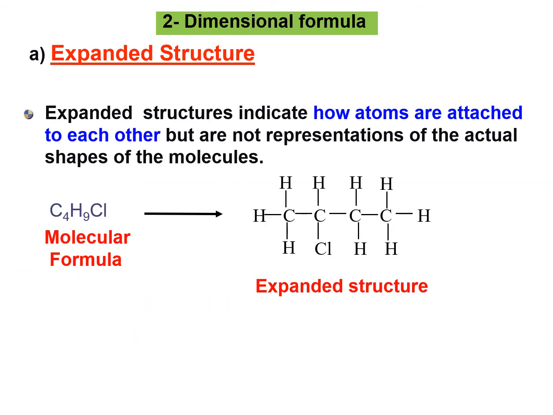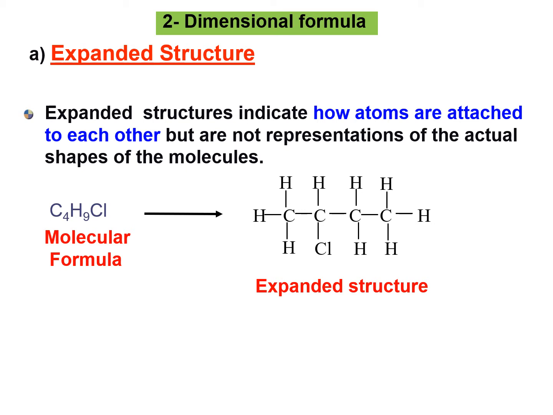Let's look at the expanded structure first. Expanded structure indicates how atoms are attached to each other, but they are not representations of the actual shapes of the molecules. To draw the expanded structure in 2-dimensional formula is like this.